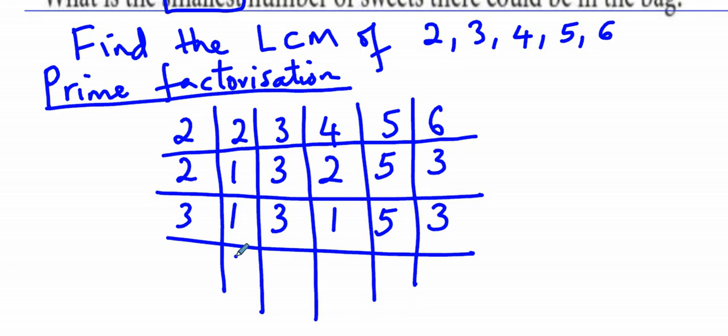3 divided by 3 is 1, 1 divided by 3 gives a decimal, copy and paste 1. 5 divided by 3 leaves a remainder, and copy and paste 5. 3 divided by 3 is 1. Correct. So this will go for 5.